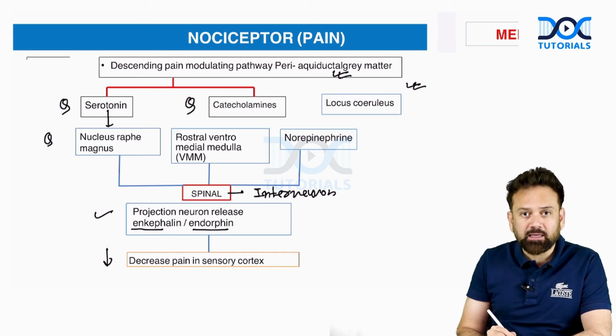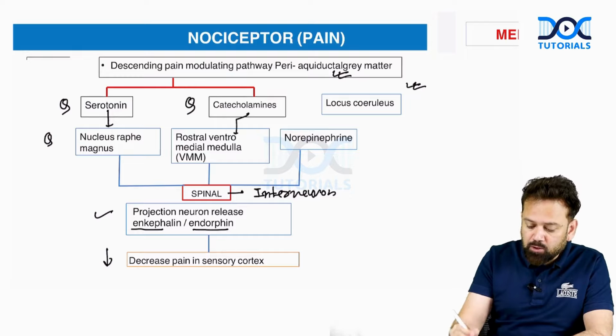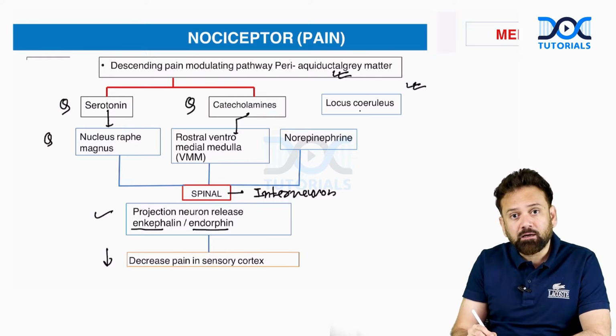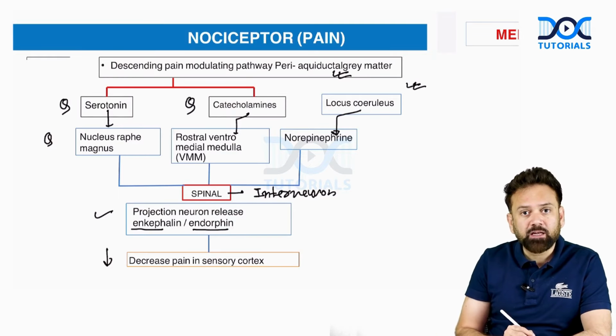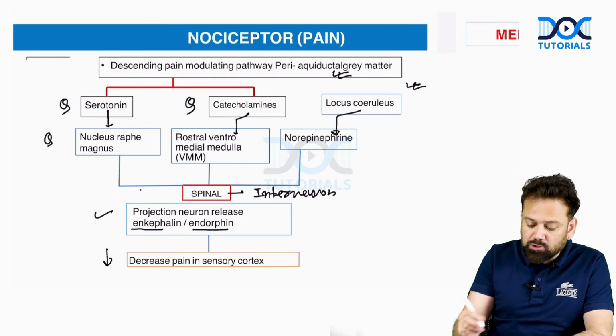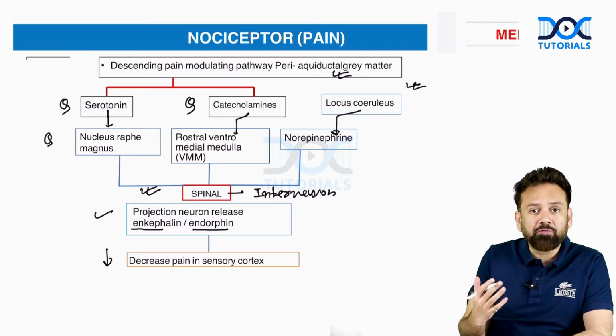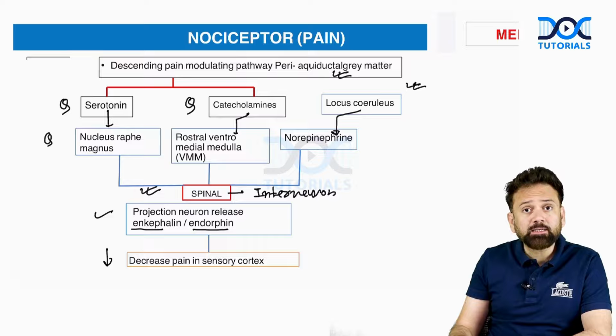Catecholamines are released by the rostral ventromedial medulla. And locus ceruleus releases norepinephrine. Now, these all act on the spinal cord to release more and more endorphin and enkephalin, and they decrease body pain. It is called the descending pain modulating pathway.